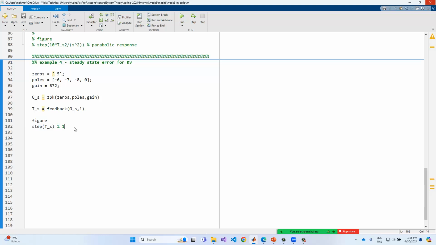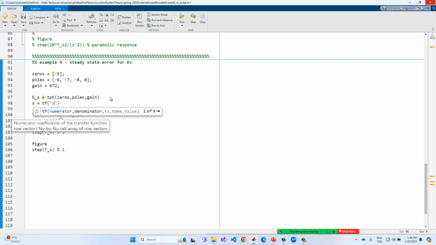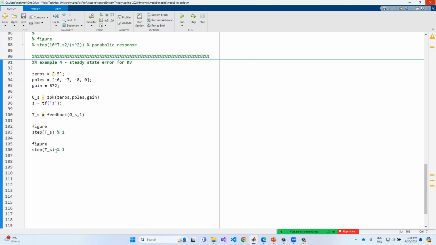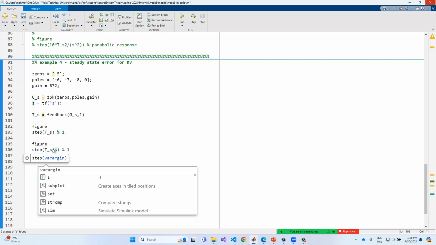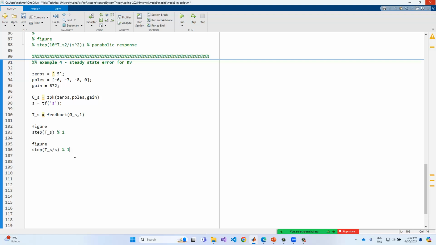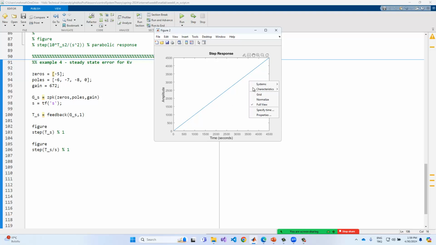Okay? But if I choose to apply to TFS in here, 1 divided by S in here, just like this one, for a given 1 ramp input in here. And so if I run this code, and then we will have the characteristics at the infinity values.